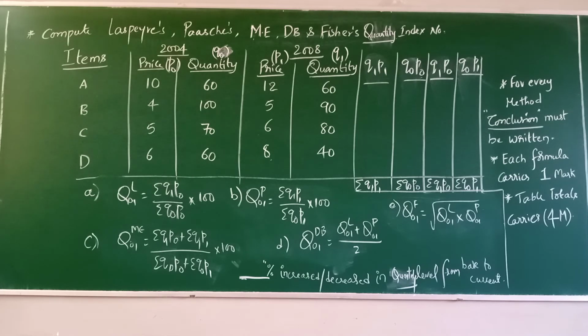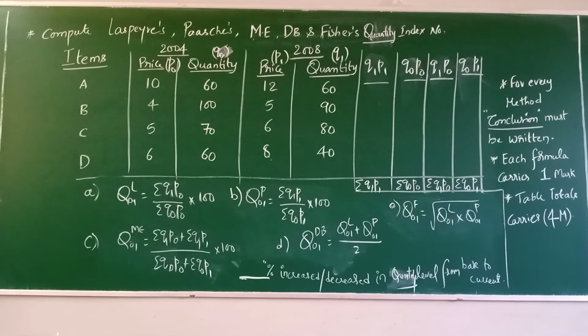Clear? So this is how the problem is done. Please see that we should not lose even a single mark in calculations, formula writing and then conclusion. Remember. The problem is very simple, so the only thing is you need to concentrate on calculations and formula writing. Do not confuse price and quantity.